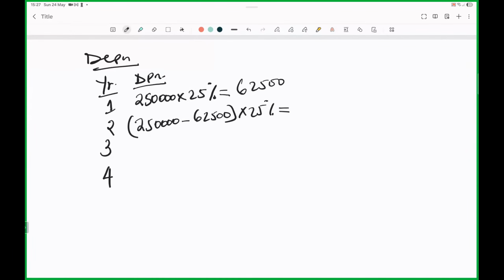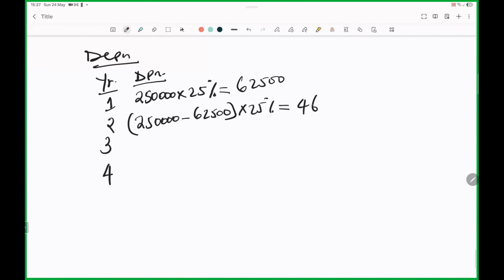Remember, it's all about reducing balance. We have Violet, my friend, I hope I've taught Violet before. 46,875. Thanks. Please ensure that you are really very active.